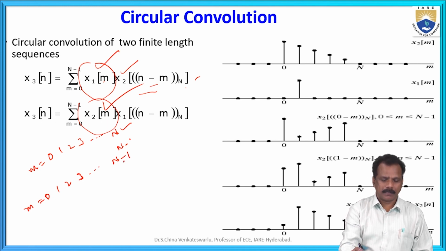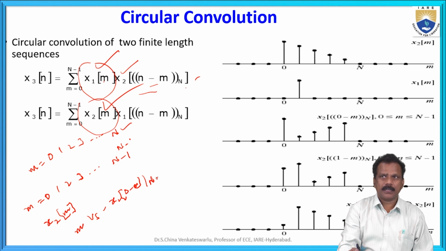With reference to the m value, we take x2 of 0 minus m modulo N and so on.